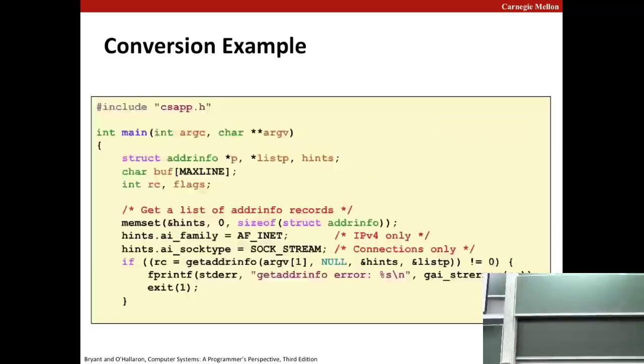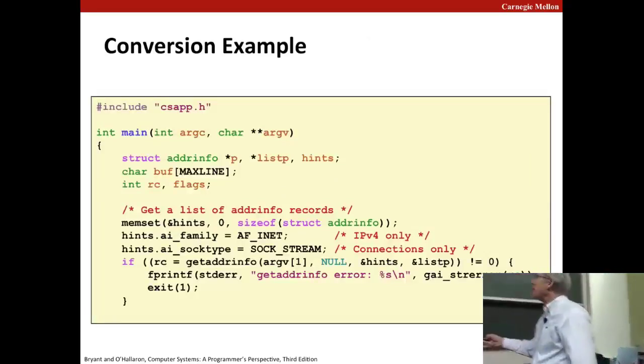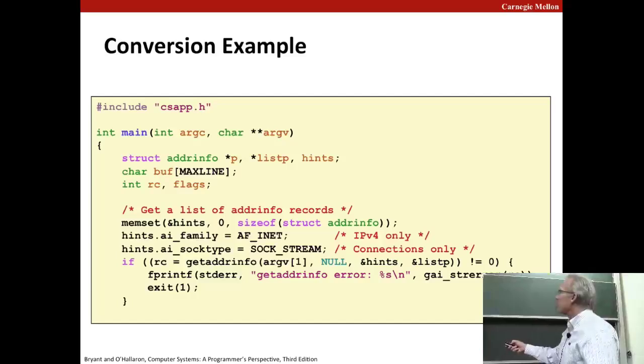And all I did to generalize it to include IPv6 addresses was I commented out this line. Say, I don't demand that it be AF_INET, which is a shorthand for IPv4. So by commenting that out, it said, okay, I'll get whatever TCP connections this domain will support, and that will include IPv6 addresses.